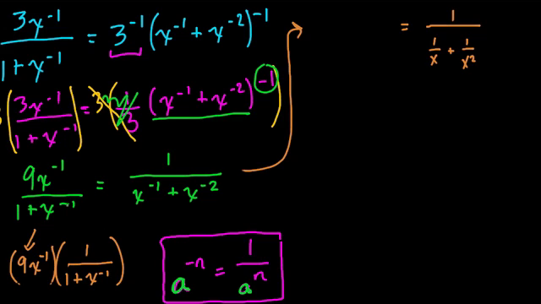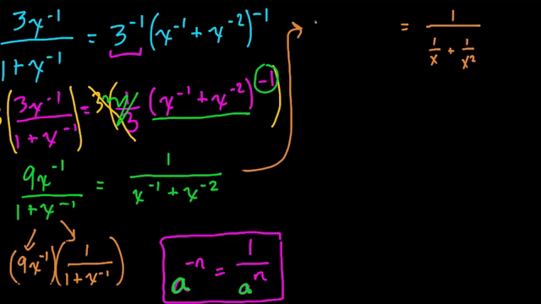And all I did there was pull apart this fraction, right? If you think about how I'd multiply this back, I would end up multiplying 9x to the negative 1 times 1, and that would be over this, right? That's pretty common for multiplying fractions. We just multiply numerators and multiply denominators. If we multiply these two terms, we go right back to this. And the only reason I'm doing that is because it helps me deal with this next step.